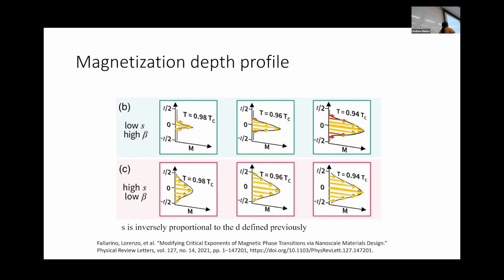So with a larger d, you have a range with a different Curie temperature compared to the original one. And this is the magnetization graph. We see that we have local magnetization that is different from the average, just due to the different temperature that we apply.